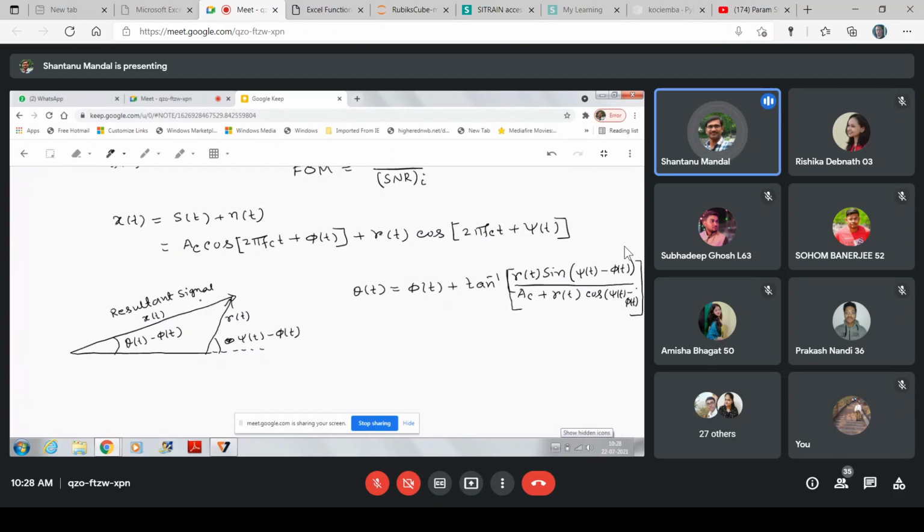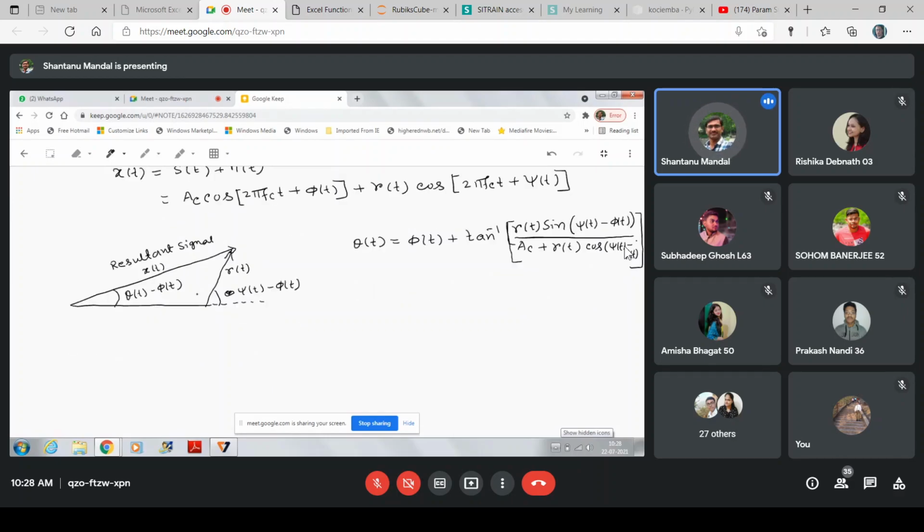That is, the envelope of x(t) is not considered here, because in FM we only have to consider the phase part, not the amplitude variation.